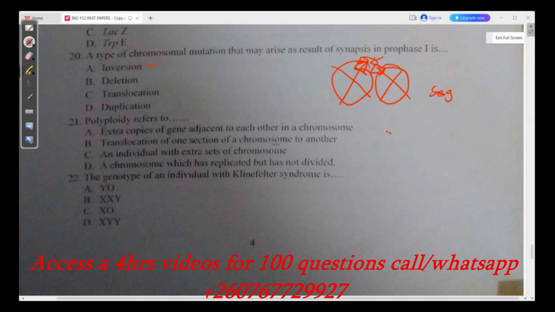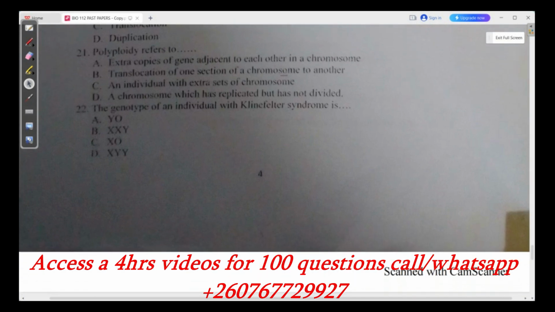That flipping is what is known as inversion type of mutation. Let's say this is part A, this is part B, then it flips, the B comes on top, the C comes down here. This is possible during synapsis. So the answer there has to be option A. It can cut and flip, resulting in inversion type of mutation. So option A for question 20. Then 21.